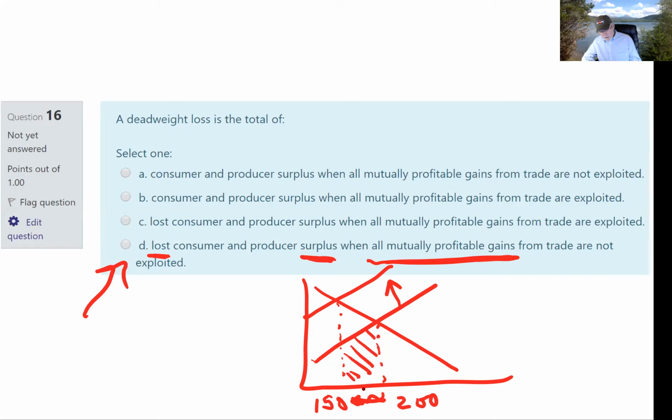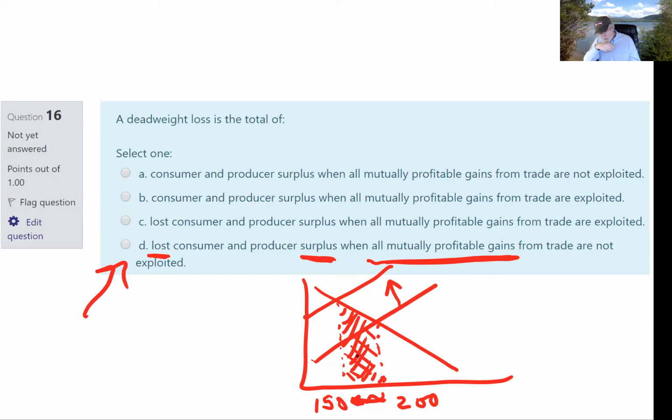The benefit to consumers of those last 50 units would be the area under the demand curve, which would be all of this. Well, clearly, the benefit, this big area, is greater than the cost. Those last 50 units, if they are produced, provide a net benefit to consumers and producers.